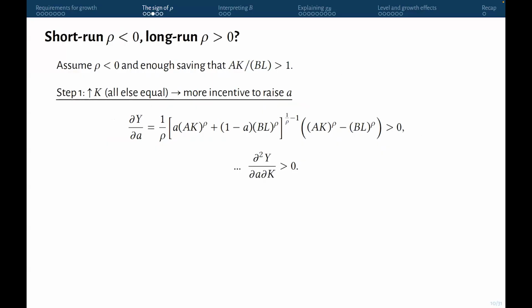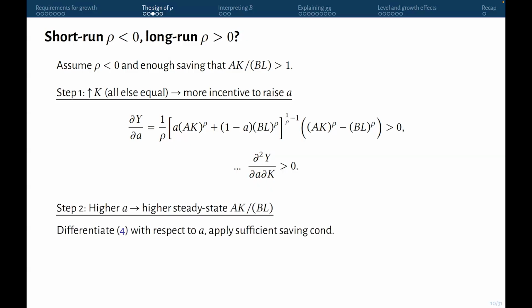We don't really need to get into this, but basically the idea is if you have a lot more capital, you'll want to use a more capital-intensive production process. And that can lead to a higher steady state ratio of effective capital to effective labor.